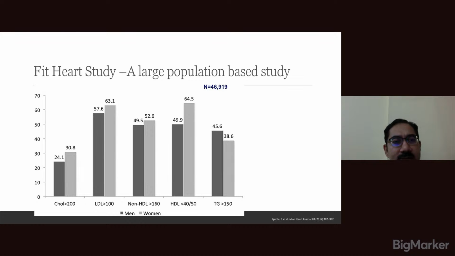In the Fit Heart study, a large population was studied and similar data was found: total cholesterol was relatively low, but LDL and TG levels were high and HDL levels were lower.